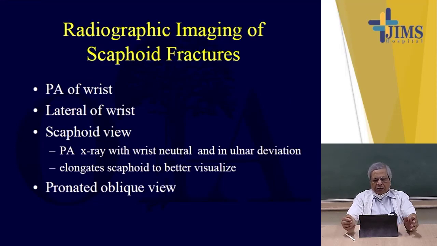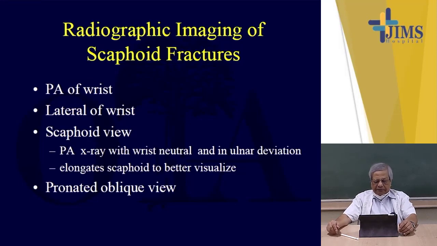So there are special views for diagnosing scaphoid fractures, such as PA of the wrist, this one, and lateral of the wrist. One is a scaphoid view, a PA X-ray with the wrist neutral and in ulnar deviation like this.